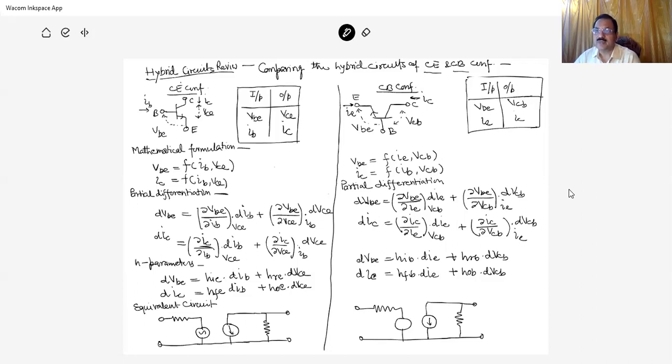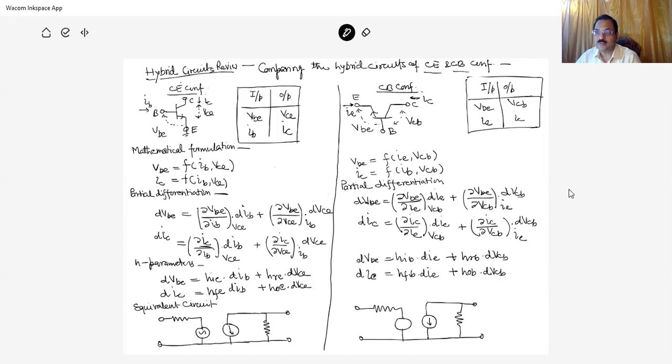In common emitter configuration, the emitter is common and the input is from the base end, the output is from the collector end. So the input parameters are the base emitter voltage VBE and input current IB. The output voltage is the collector emitter voltage VCE and the output current is IC.